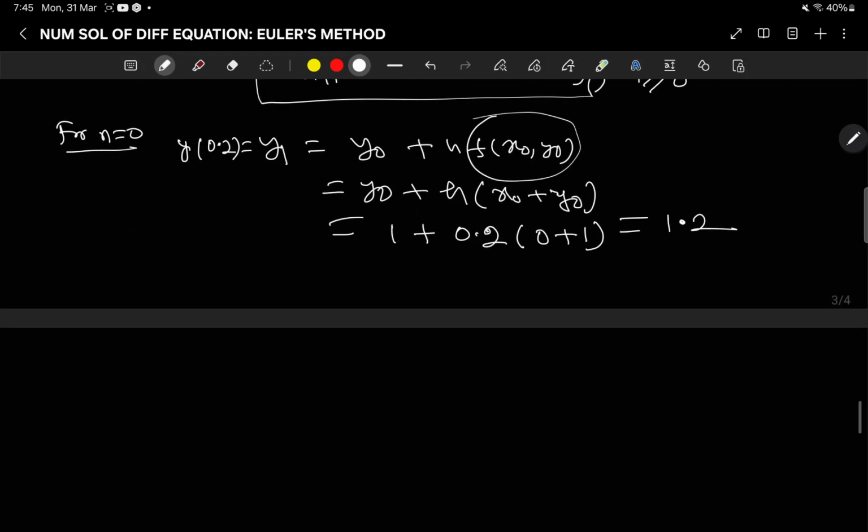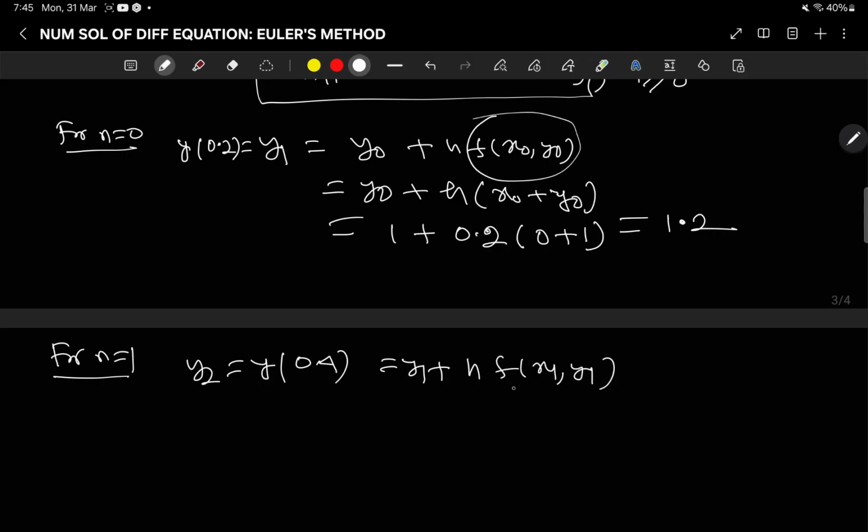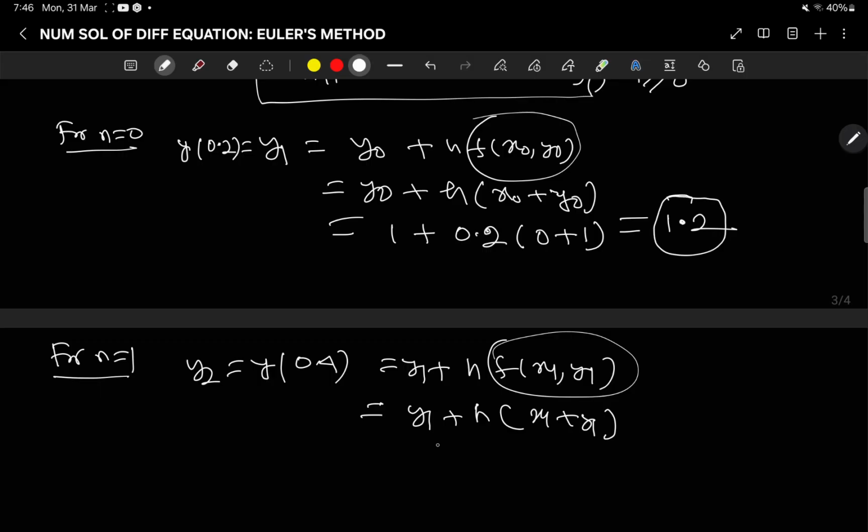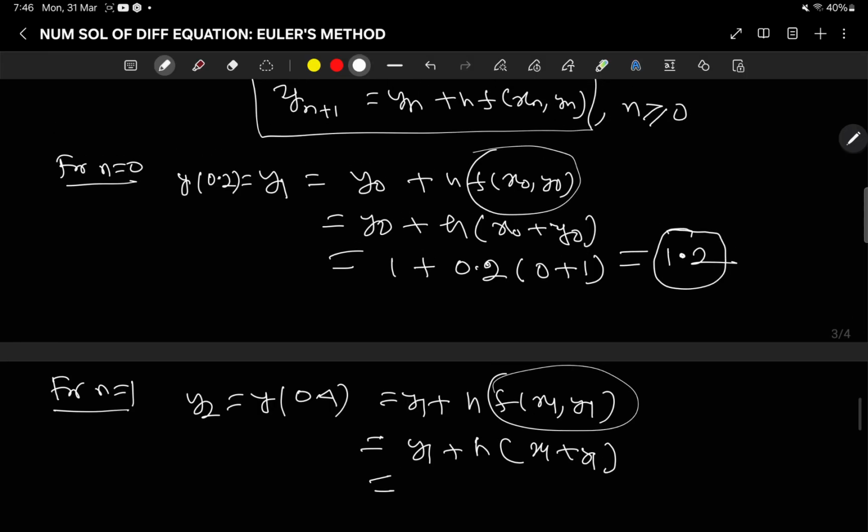Consequently, for n is equal to 1, I get y2, which is y of 0.4. It is y1 plus h f(x1, y1). So this is y1 plus h, and the function here is x1 plus y1. I substitute the values from the previous step: y1 is 1.2 and x1 is 0.2.